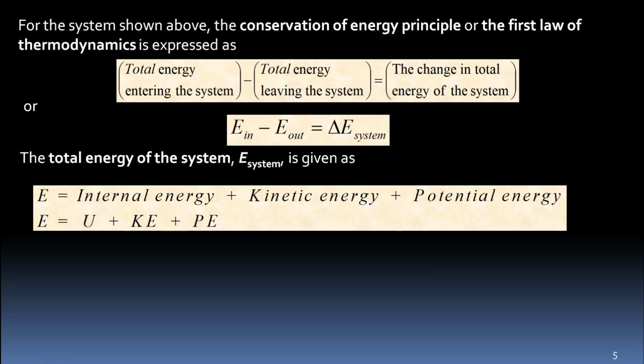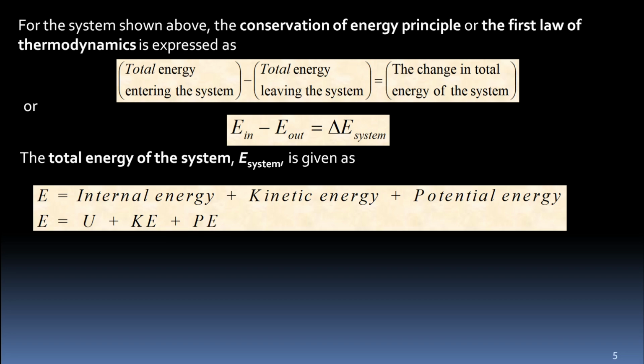Now for the system shown above, the conservation of energy principle or first law of thermodynamics is expressed as, you know, nothing but the expression of conservation of energy. So net energy transfer, the amount of energy going in minus the amount of energy going out, is equivalent to net energy change.